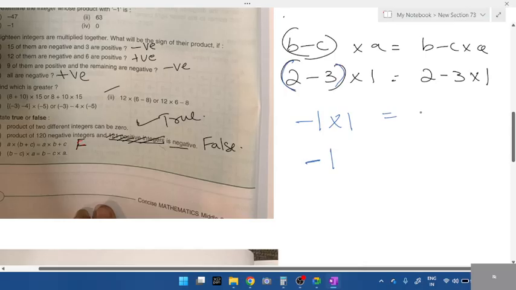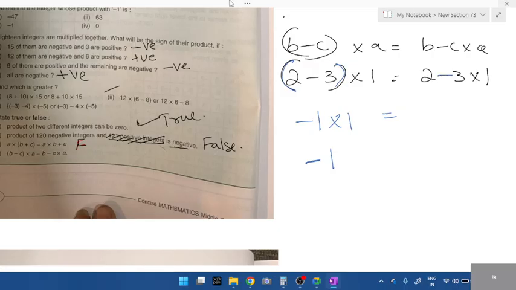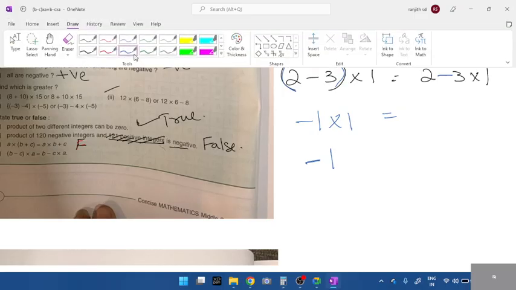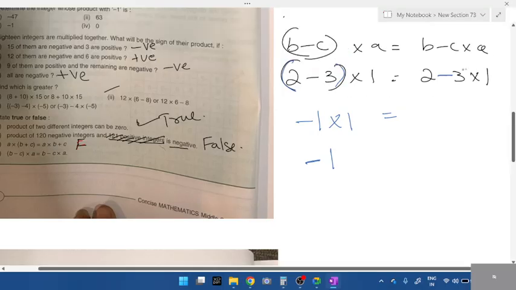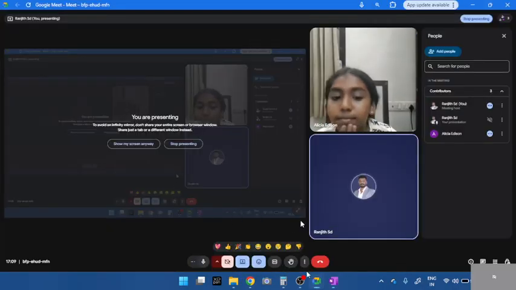Right hand side. 2 minus 3 into 1. Which one do you have to solve first, according to board maths? First multiply. Multiply these two things. What is minus into plus? Keep 2, minus 3 ones are 3. You're not telling me properly. Then how are you getting the answers, Alicia? You're not explaining.